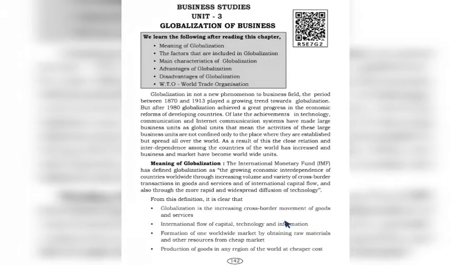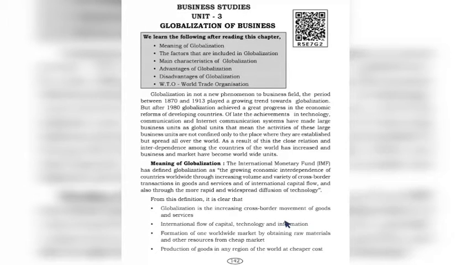The late achievements in technology, communication, and internet communication systems have made large business units global units. That means the activities of these large business units are not confined only to the place where they are established, but spread all over the world.